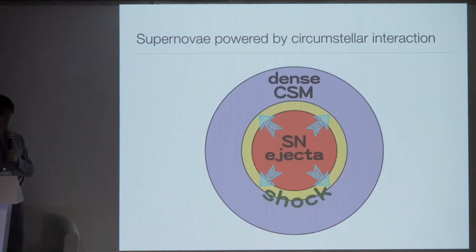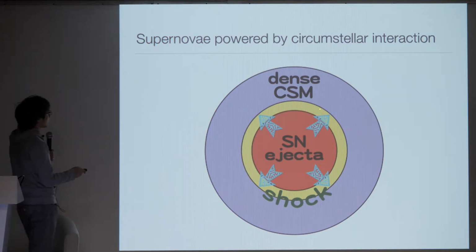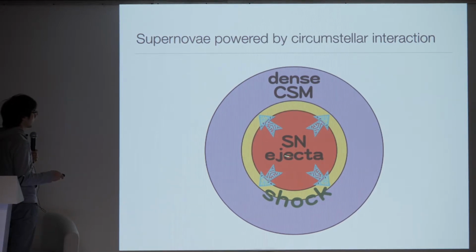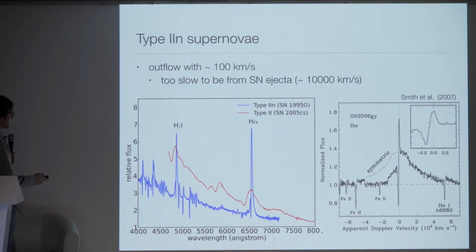So what's happening? What we think is that there should be dense circumstellar matter surrounding this supernova ejecta, and this unshocked circumstellar matter is moving outwards with, let's say, 100 km per second. Then the supernova explodes inside this dense circumstellar matter, the ejecta collides with it, and there will be a shock which can illuminate this dense circumstellar matter, causing this narrow P Cygni profile.